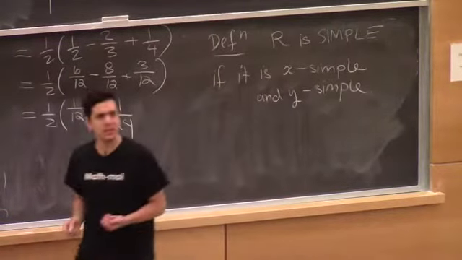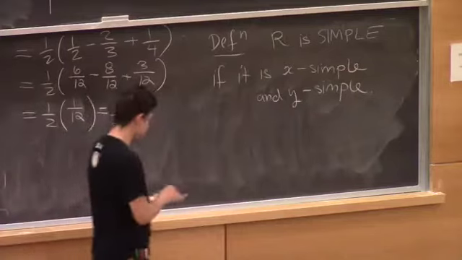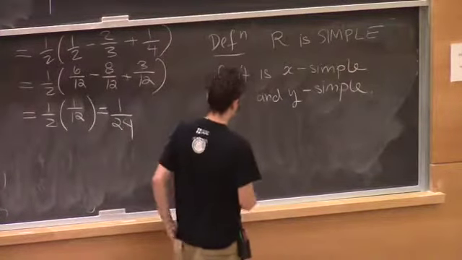Okay, so we say that something is simple, full stop, if it's x simple and y simple. Okay, so this means that we're bounded by continuous functions in both directions.